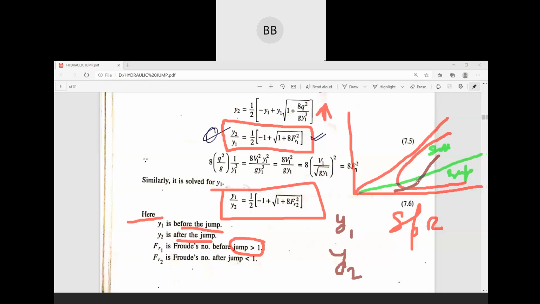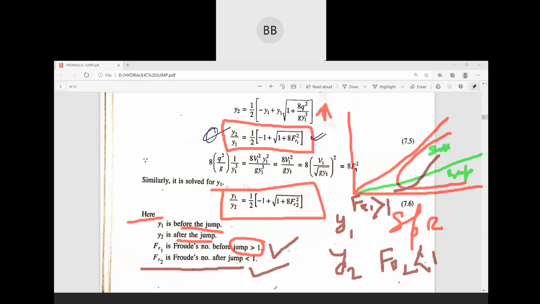We all know in supercritical, the Froude number Fr1 is always greater than 1, and in subcritical our Fr2 is always less than 1. That is why for y1, Fr1 is always greater than 1, and Fr2, the Froude number after the jump, is always less than 1.